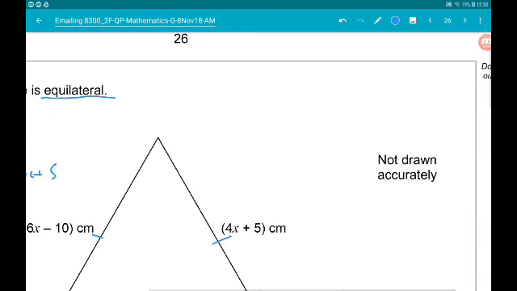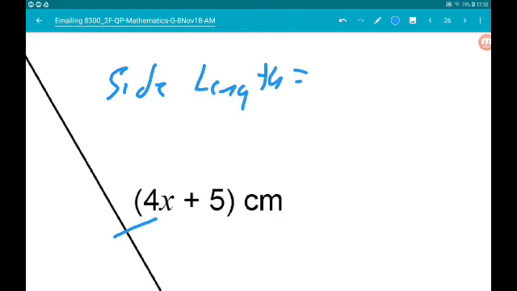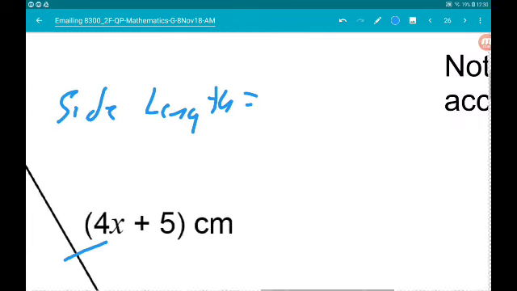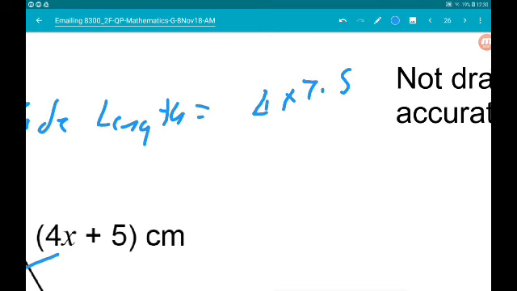So now we can work out a side length using any of the 3 sides. We now know that x is 7.5, so for the side length I'm going to use 4x add 5, so 4 times 7.5, add 5, so that's 35 centimetres.